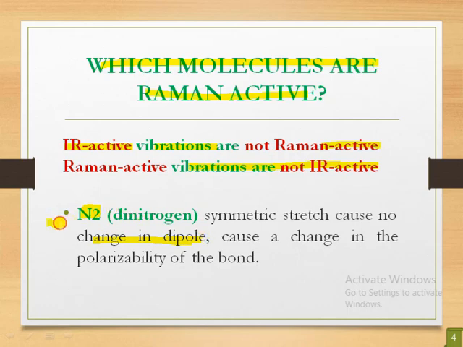That's why N2 is IR inactive. But it causes a change in the polarizability of the bond. That's why it is Raman active. It is IR inactive, but as the bonds get longer, it is more easily deformed, and it is Raman active.